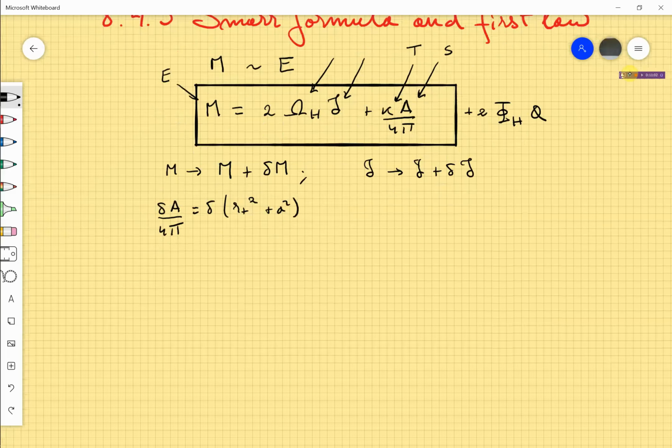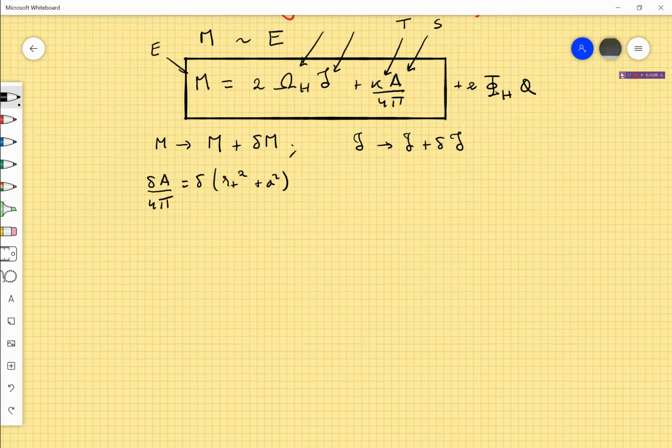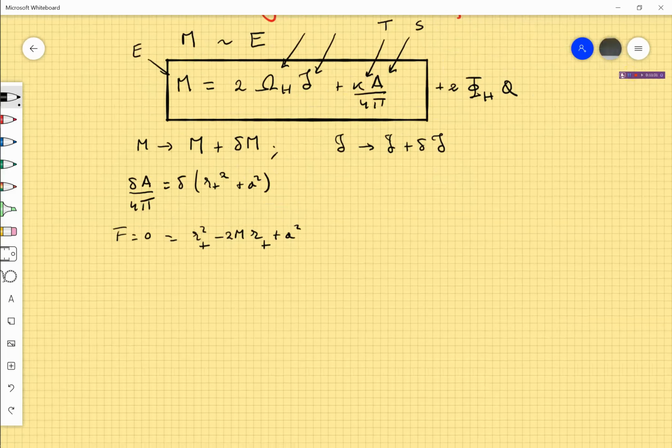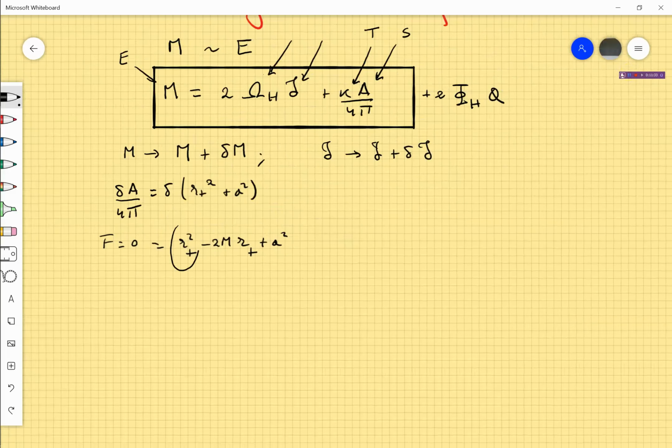the area. But now remember that the event horizon of the black hole was the place where f became 0. f was r squared minus 2M r plus a squared. So in particular, r plus satisfies this equation, that this is equal to 0. And r plus squared plus a squared is equal to 2M r plus.